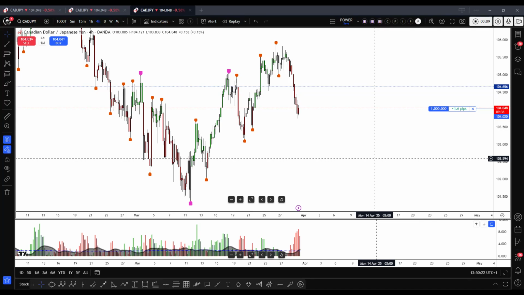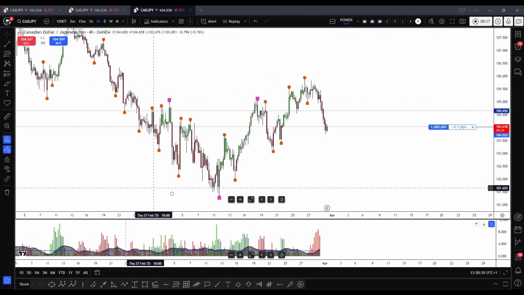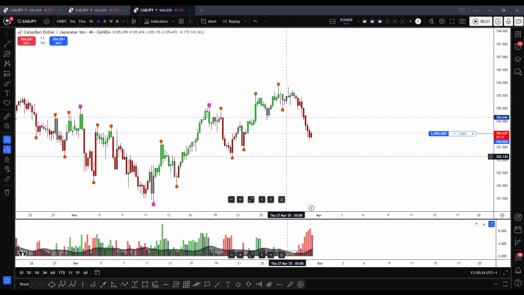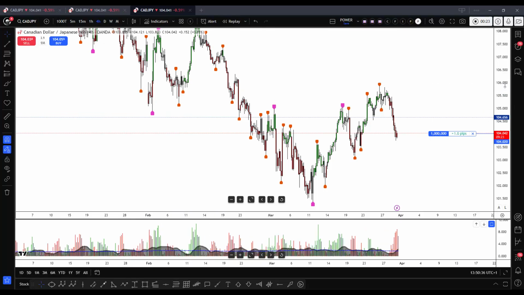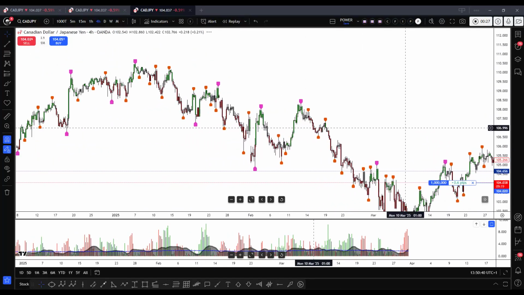I haven't done any post in a while, but today I'm going to analyze the Canadian dollar Japanese yen because we are interested in this pair. CAD has been fantastic in terms of its movement.